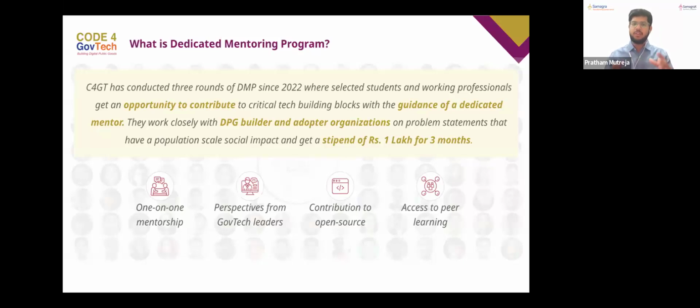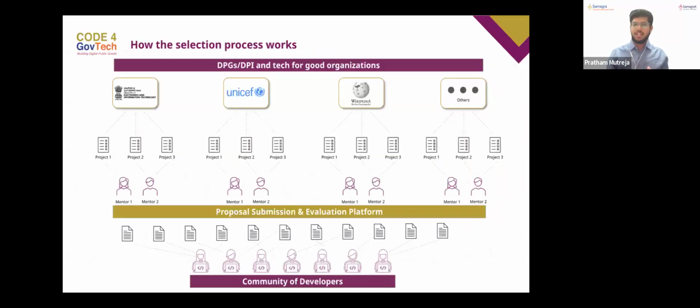And for that, we get a stipend of rupees 1 lakh for 3 months. And this stipend actually depends upon the project being completed successfully. So one-to-one mentorship, perspective from GovTech leaders, contribution to open source, and access to peer learning is the key value proposition. Now, let's look at the selection process.